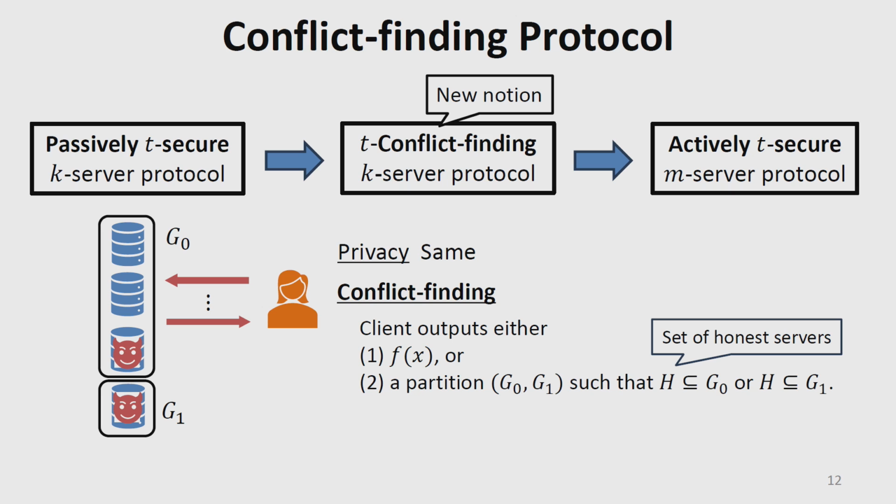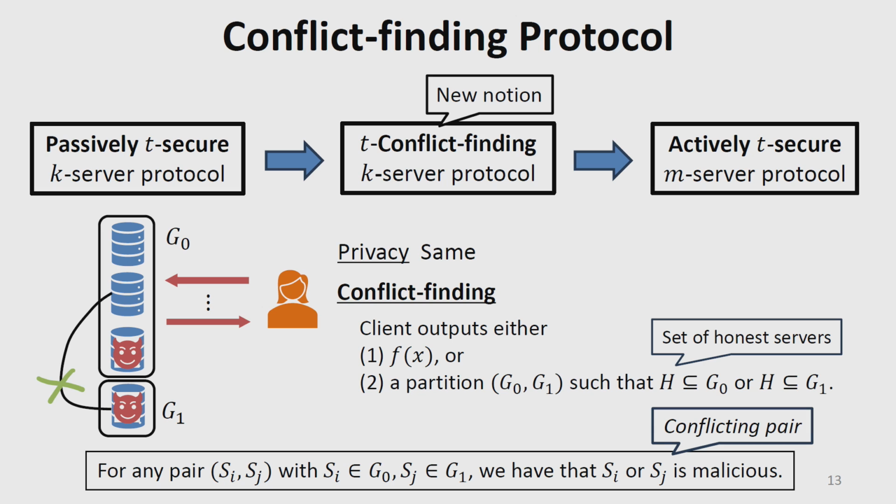For example, if the 3rd and 4th servers are malicious, then the conflict-finding property allows the client to find a partition of these 4 servers such that all the honest servers are included in the same group.